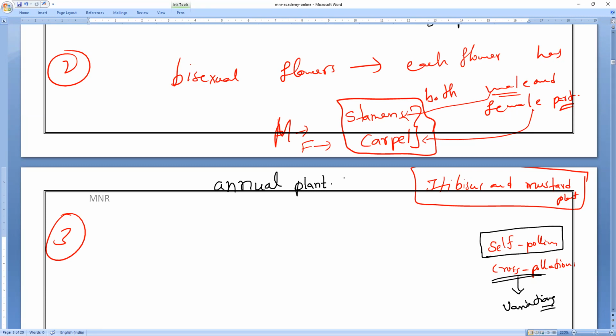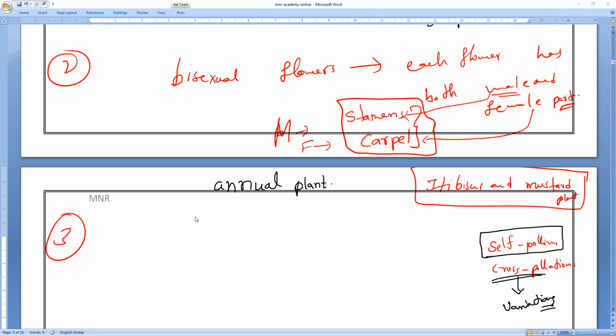A one-year plant. So annual plants, remember, are plants that perform their entire life from seeds to flower. It does not come from branches or some other thing. They complete the entire life cycle from seeds, germination, growing, flowers, again fertilization, again formation of seeds.